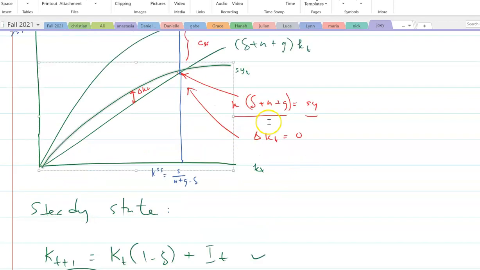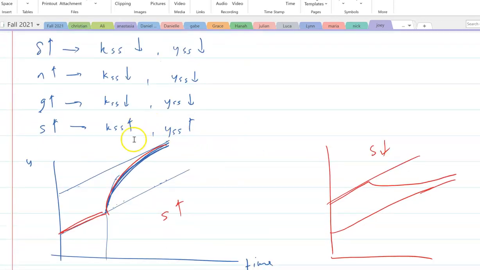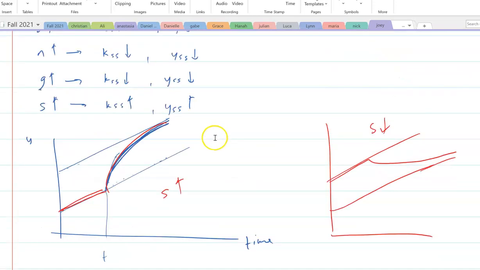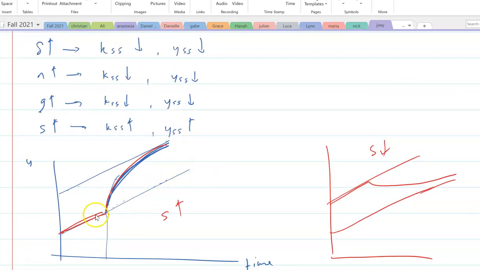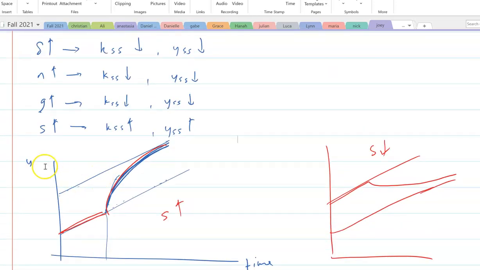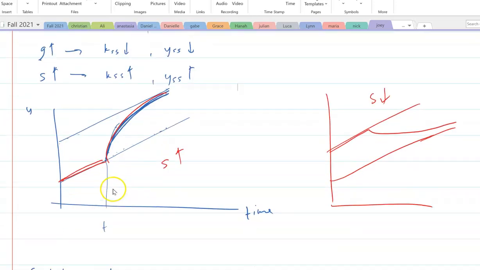So the steady state capital will go to the right if s increases. And this is like the time shock. If the shock happens at time t, and you're looking at the output, and the shock is an increase in s, then the output in steady state will increase eventually.